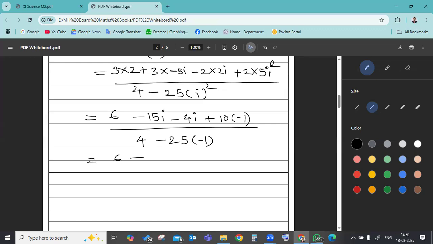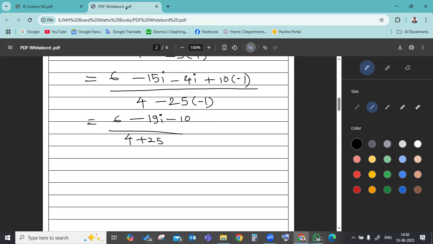This becomes (6 minus 10 minus 19i) upon 29, that is minus 4 upon 29 minus 19 upon 29 i.